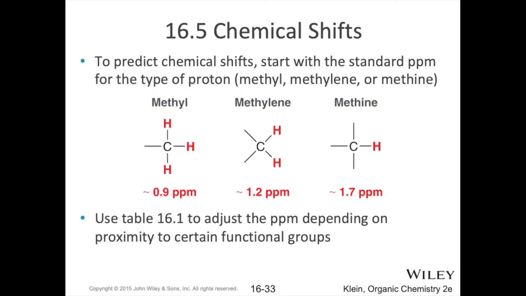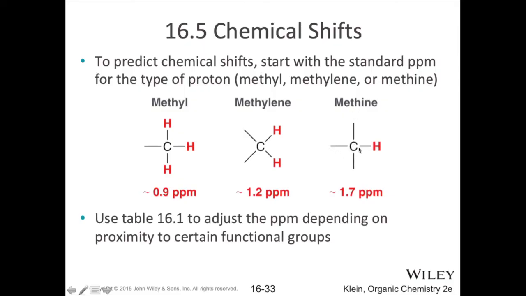I pointed out that what else is bonded to that carbon affects your hydrogens, not just the electronegative elements. So your starting chemical shift for a given hydrogen could depend on whether it's part of a methyl group, a methylene group, that's a carbon where 2 of the other bonds are not hydrogens, or a methyne carbon, where you've got just 1 hydrogen on that carbon and it's essentially a tertiary carbon.